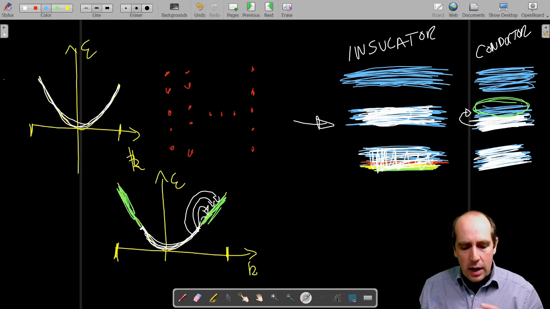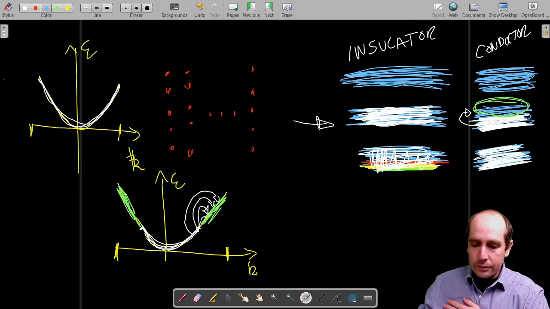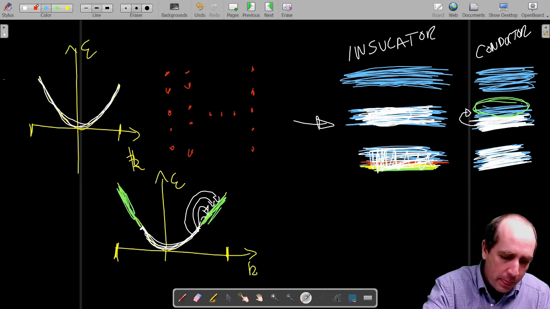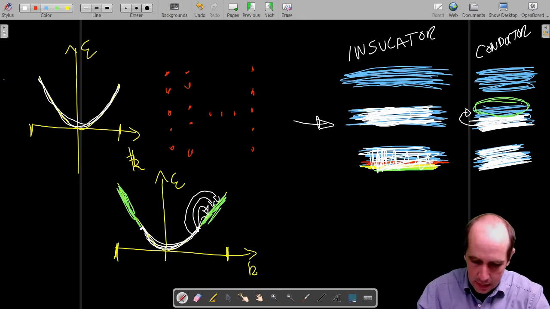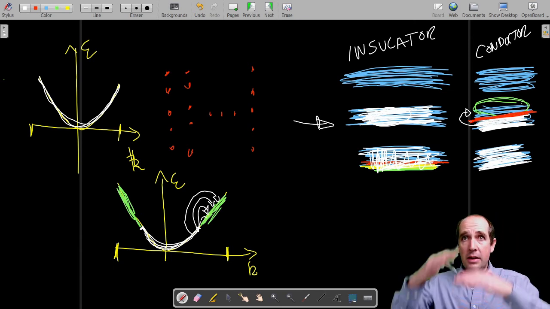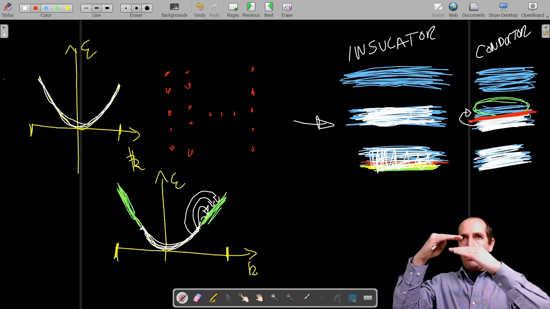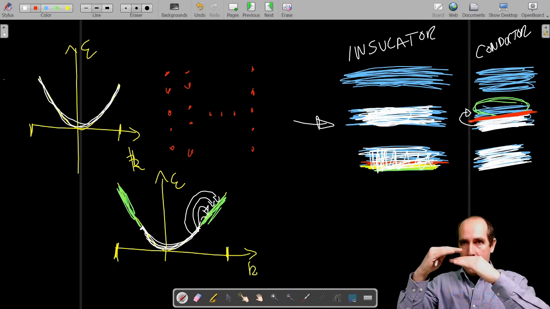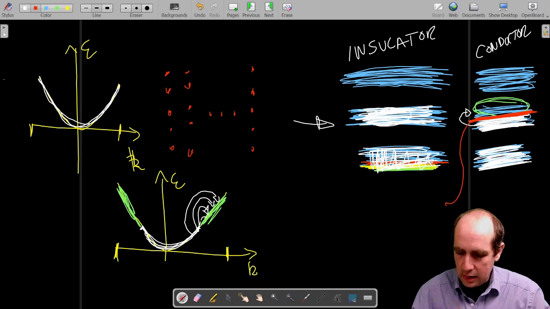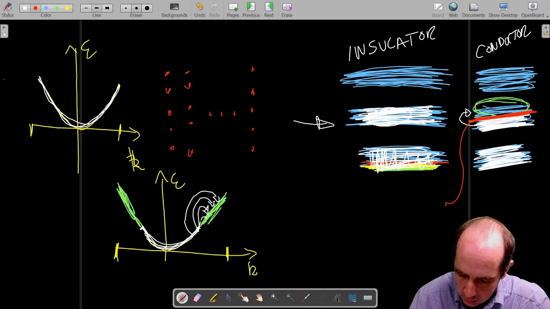Okay? And here I want to take the opportunity to introduce a couple of other names that we use for these things in solid state physics. So in this case, let's say here we have the energy that separates the highest occupied level and the lowest unoccupied level. Okay, so this energy is what we will call the Fermi energy.